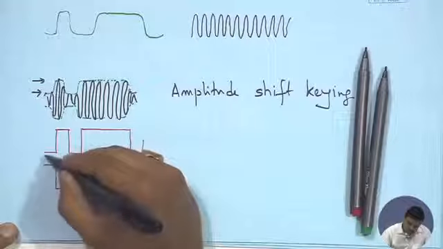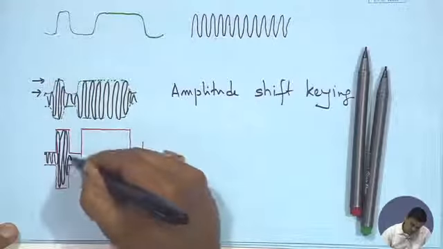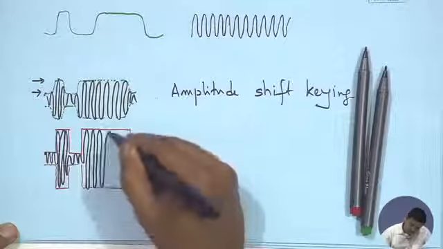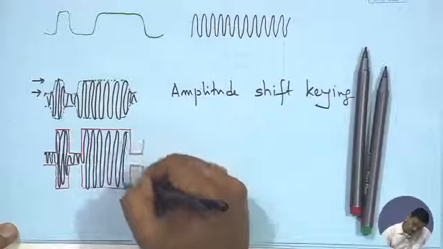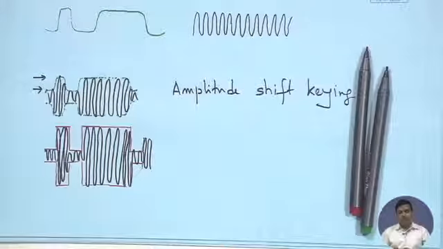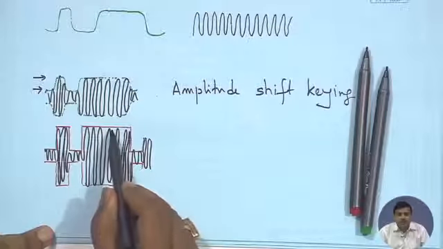So all I'm trying to tell you is that you can still use your knowledge of analog communications to transfer digital information, and it will become a digital communication system.